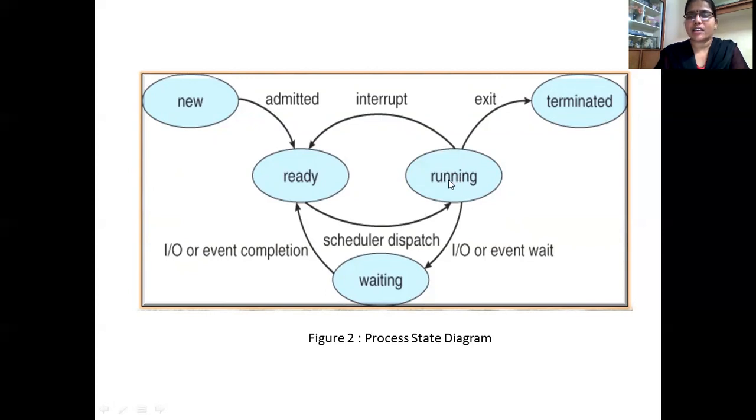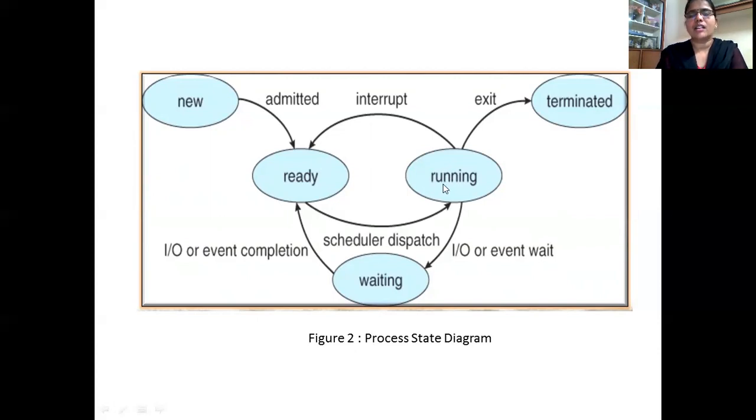And from running state, a process can be moved to the waiting state or to the ready state again. A process moves to a ready state when there is an interrupt. That means when an interrupt arises, in that case, a process from running state is brought to the ready state.